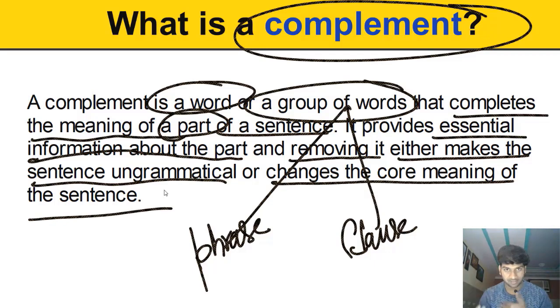Complement, it completes the meaning of a part of a sentence. That could be the subject, that could be the object, that could be a verb, that could be an adjective or something else. We'll figure that out, right? So it complements something, and the information it gives about the part is essential, is important, and you cannot take it out of the sentence. If you do, the sentence will become ungrammatical or the core meaning of the sentence will change.